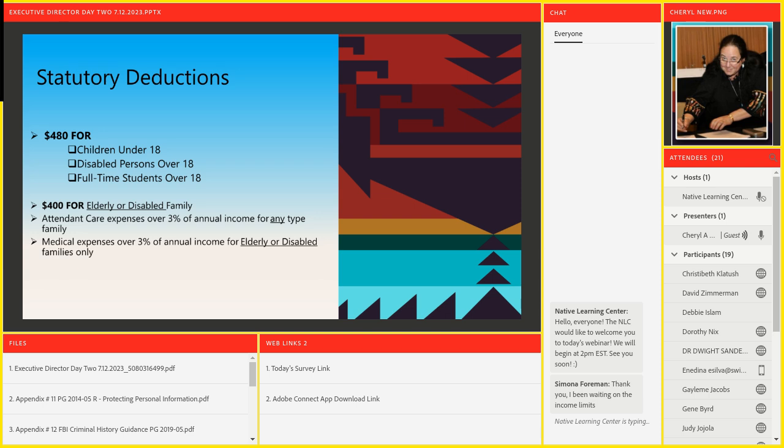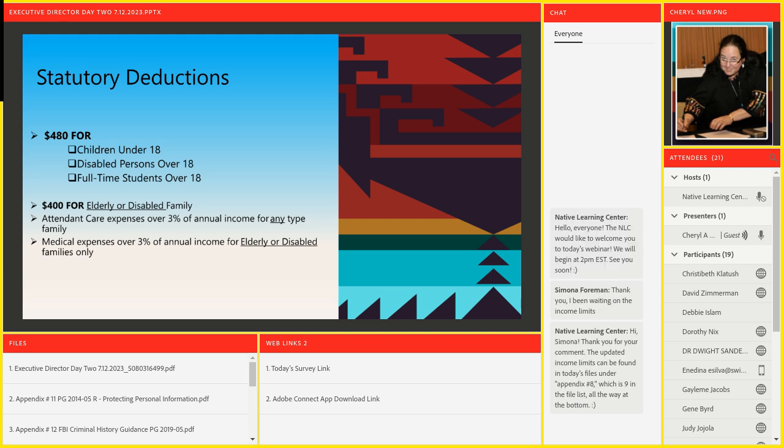because that's less income your families actually have to claim. So there's a statutory deduction for $480 for any child under the age of 18. Any disabled person over the age of 18. Or a full-time student over the age of 18, as long as, and this is one of those situations, they are not the sole occupant, the head of household or that co-head, okay?